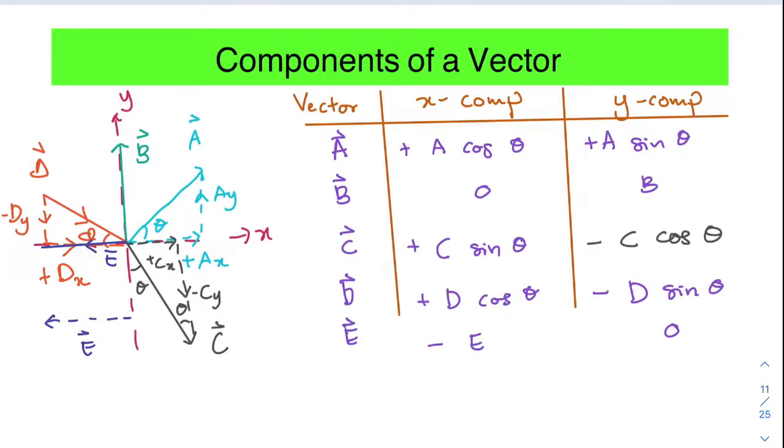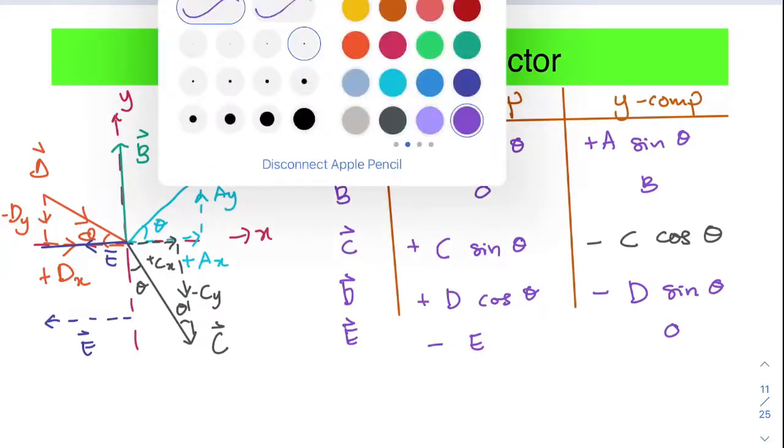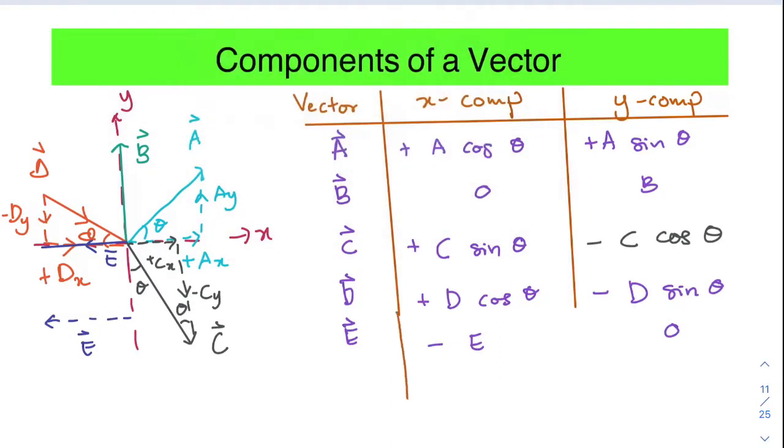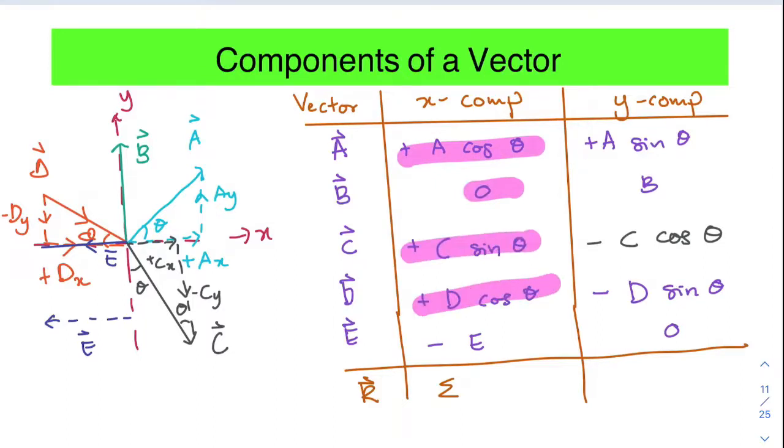Then from here, figure out the summation of everything here. This is your resultant, meaning the summation of every single thing here. Then you will get this, your R in terms of x.